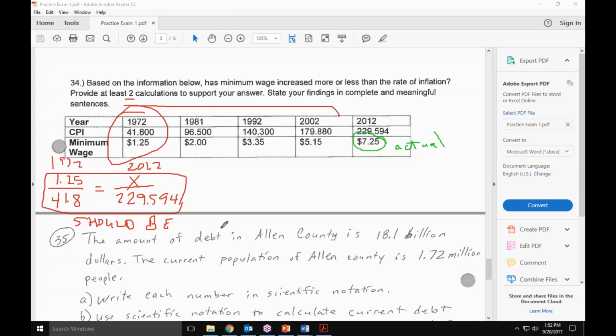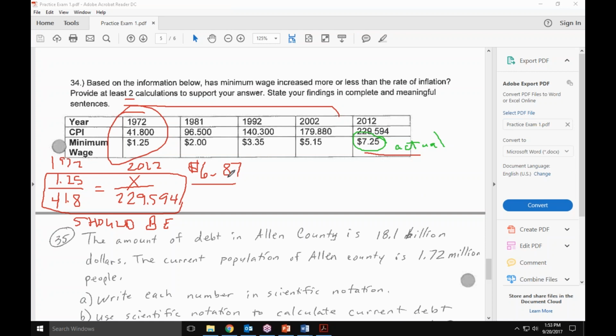$6.87. Okay, so if minimum wage only kept up with inflation, it should be $6.87, but it's actually $7.25. So now we're going to compare what it should be to what it is. Did minimum wage, according to these numbers, increase exactly with inflation?